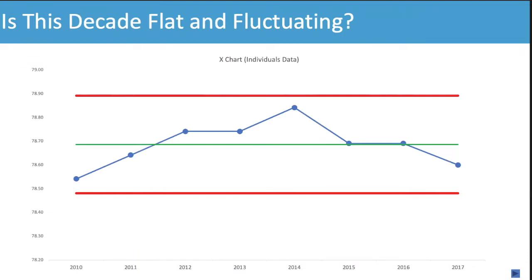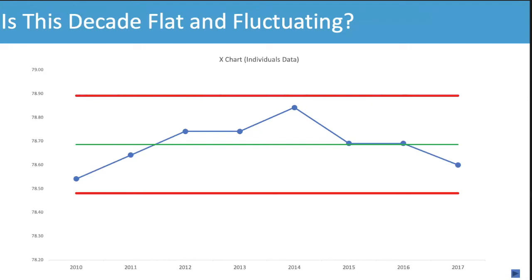So if we zoom in and look at this decade from 2010 on, it looks like it's just unfortunately fluctuating around a flat average of about 78.7 years, not up at that 83, 84 that we would have seen if the increase had continued. So going forward, I guess the process behavior chart predicts that life expectancy is going to continue to fluctuate within a fairly narrow range of about 78.5 to 78.9 years, unless something improves in the really broad life system that leads to life expectancy.